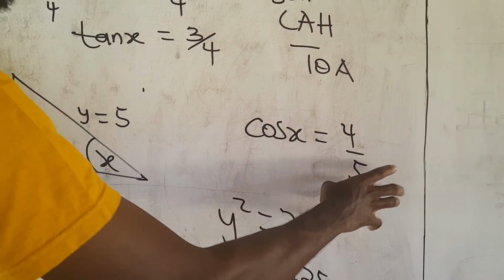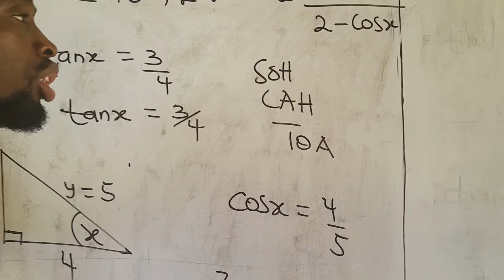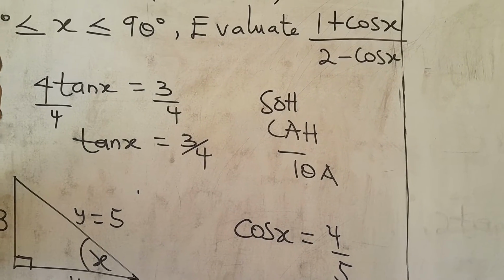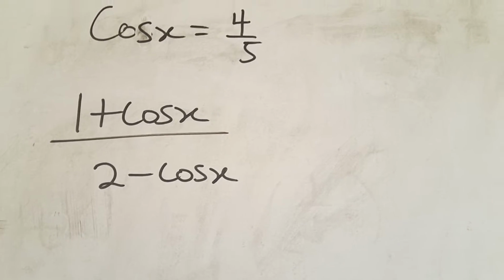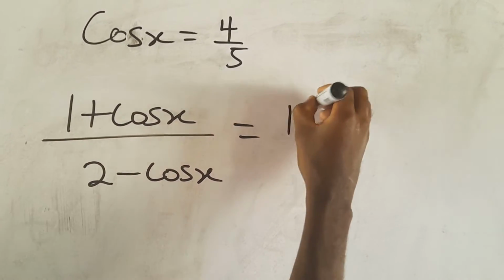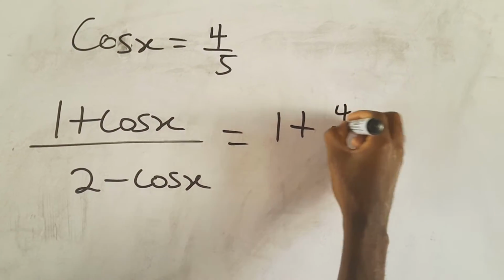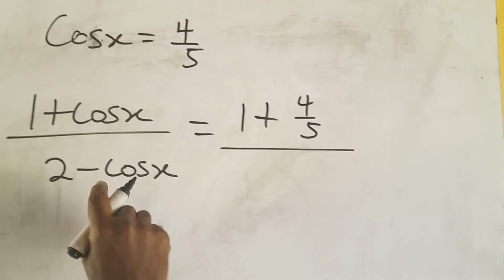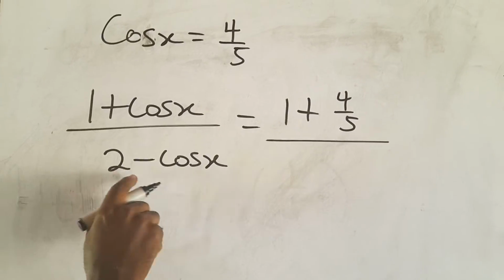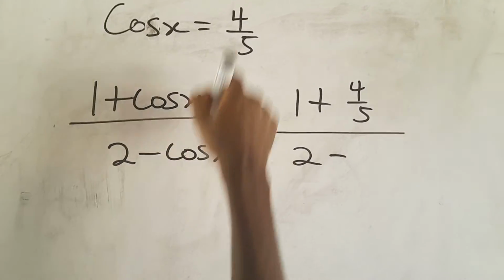So since we know cos x, we substitute into this expression to find its value. So in substituting, we have 1 plus our cos x, which is 4 over 5, so 1 plus 4 over 5, over 2 minus cos x. So 2 minus 4 over 5.